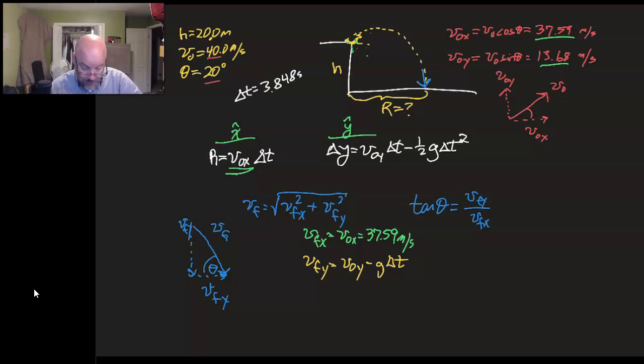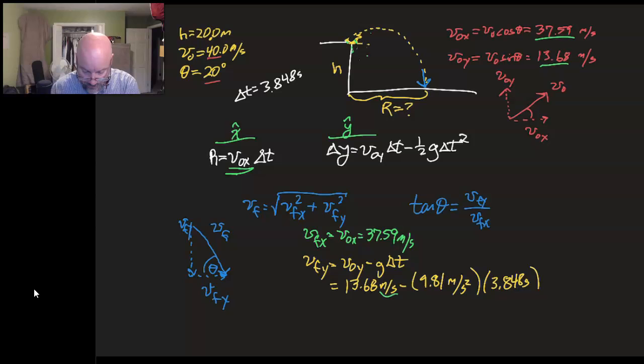Okay, and so then all we have to do is plug in our numbers. V naught y, it was going upwards, so 13.68 meters per second minus g, which is 9.81. Remember, g is positive, meters per second squared, and our time of flight is 3.848 seconds.